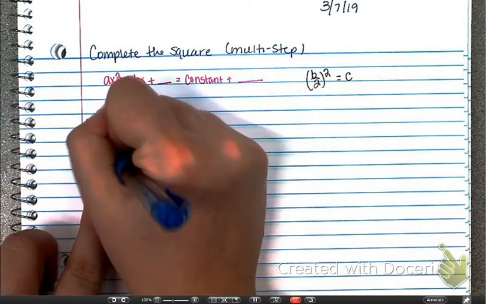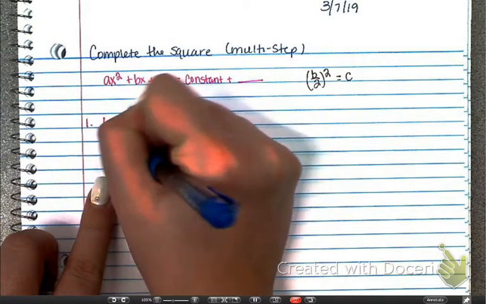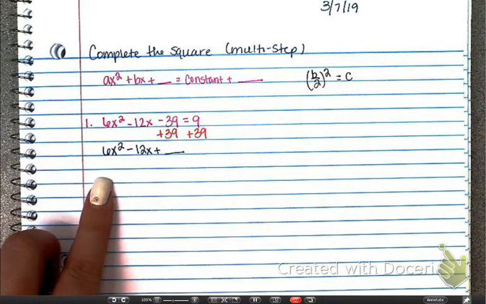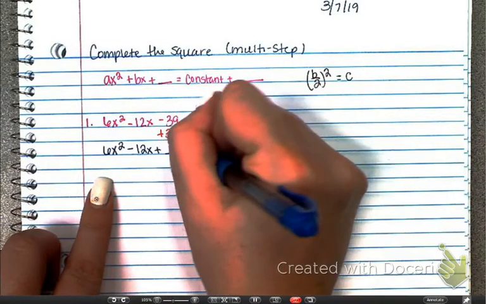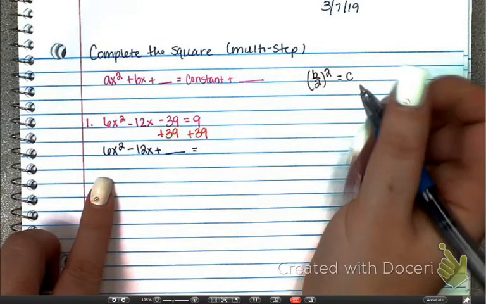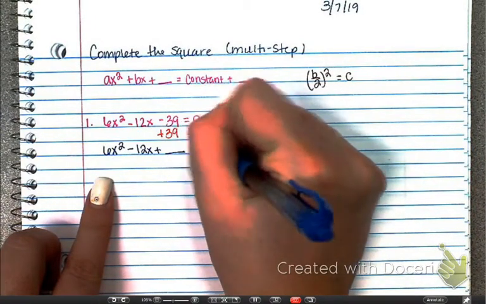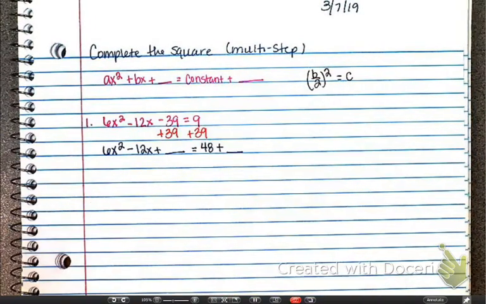So 6x squared minus 12x, I'm going to add my blank now, equals what? 48 plus my blank. Now, it looks like how I need it to. I have an ax squared plus bx plus c. What's the problem?